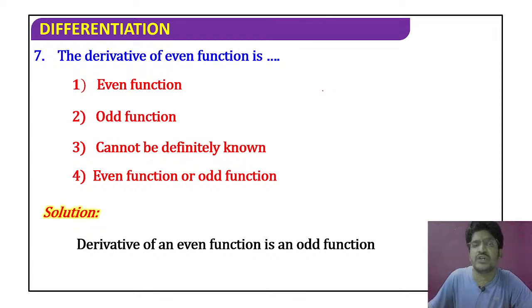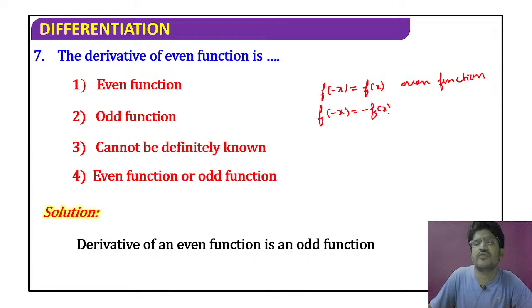So what is even function? If f of minus x becomes f of x, this is called even function. Okay. f of minus x equal to minus f of x is called odd function.